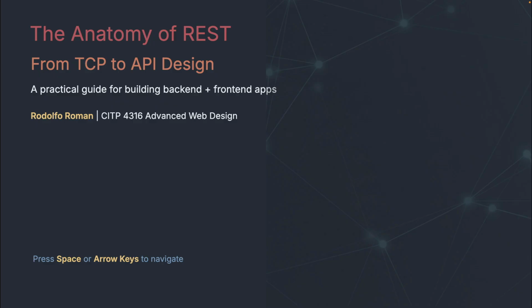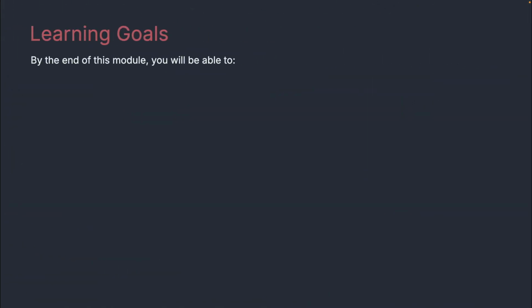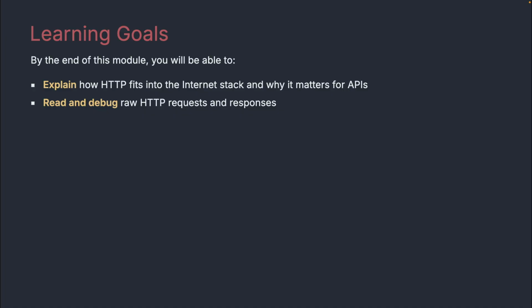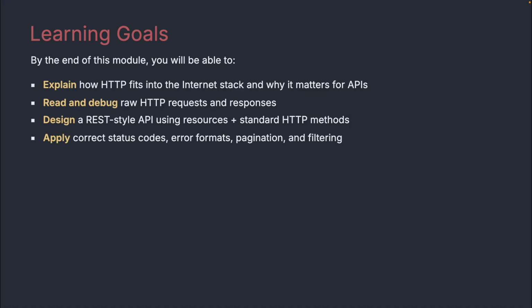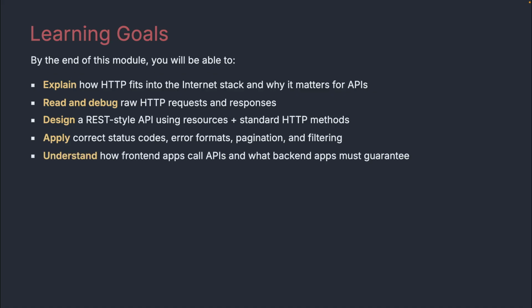So for now, the learning goal: by the end of the module, we should be able to explain how HTTP fits in the internet stack and why it matters for APIs, route HTTP requests, and design proper RESTful resources, getting the details right: status codes, errors, pagination, things like that. I know that doesn't make sense right now, but we will talk about those later. And finally, getting connected to all the front-end development.